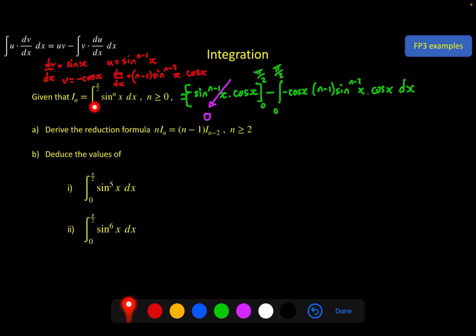So if I try and change this into I n, it does not look like this is going to change into I n minus 2 as we've got here. So part of my problem solving is I need to make this look in this format somehow. And I can take out the minus, that's okay, that becomes a plus, that's nice and useful. Cosine times cosine is cosine squared, so what I've got here overall is positive integral from 0 to pi by 2 of cosine squared x, and I can pull the n minus 1 in front of the bracket as well. I should have done that.